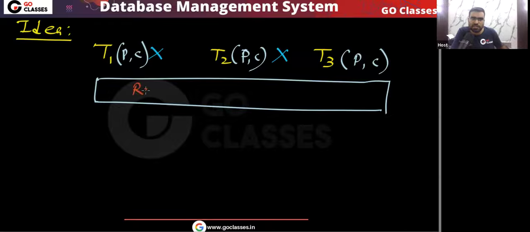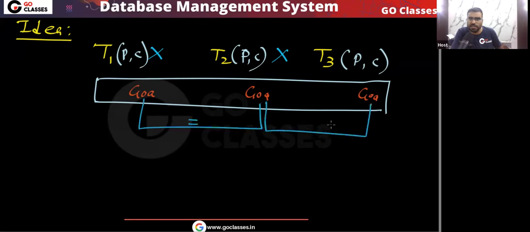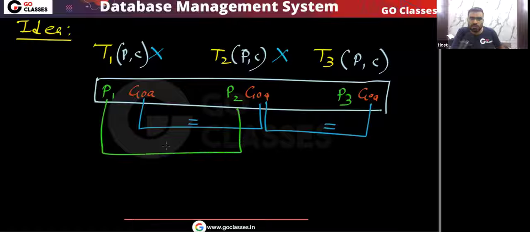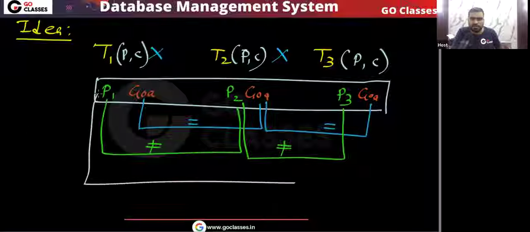For example, let's assume the city is Goa. And the people must be different: P1, P2, P3. P1 must be different from P2, P2 must be different from P3, and P1 must be different from P3.